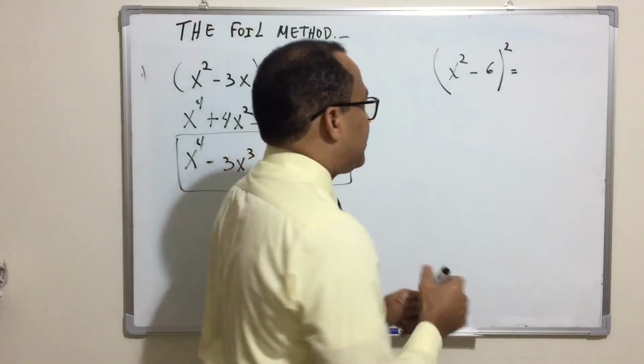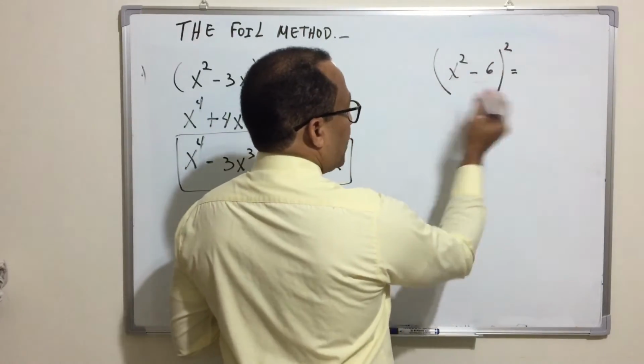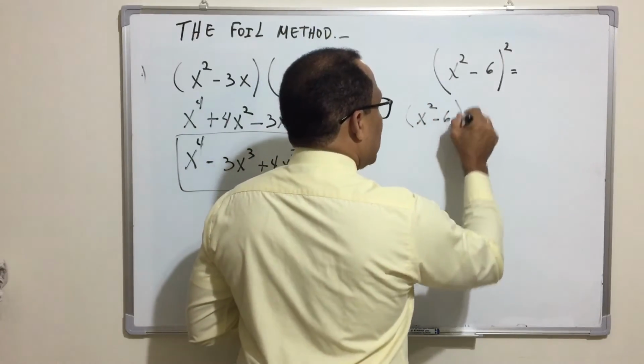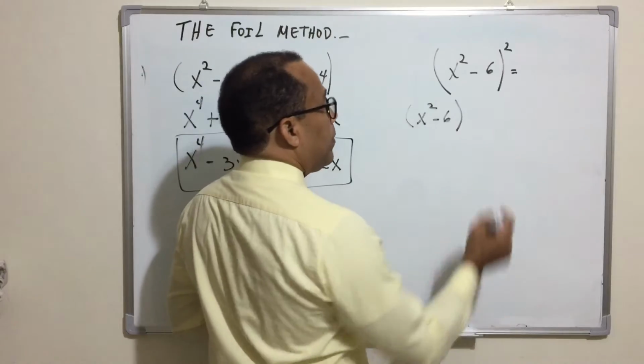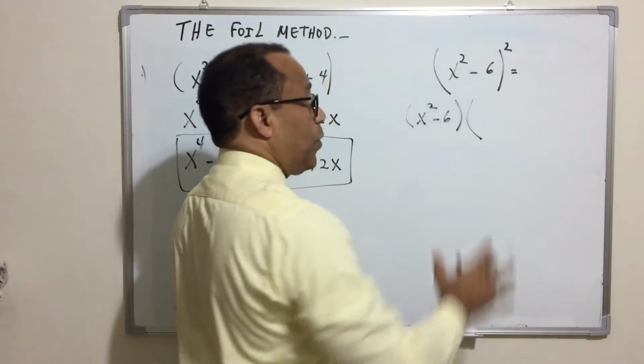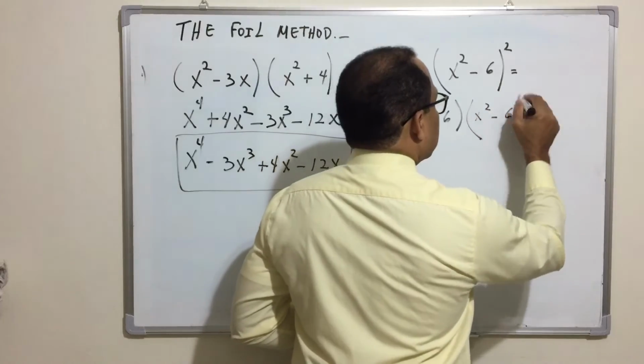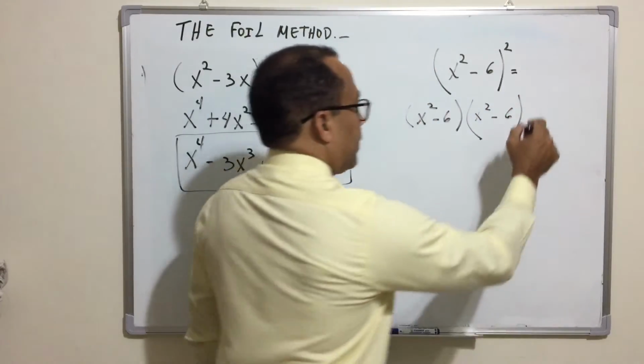Let's do that. You show the multiplication first. This is x to the second minus 6 one time, times, because it's multiplying, x to the second minus 6 2 times.